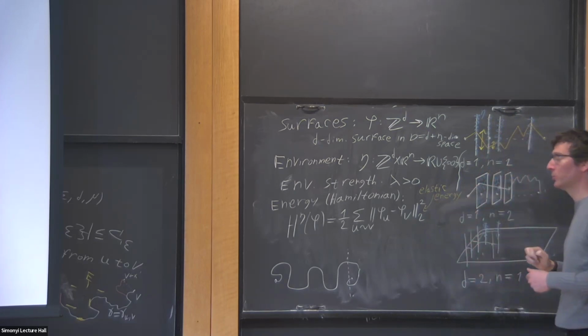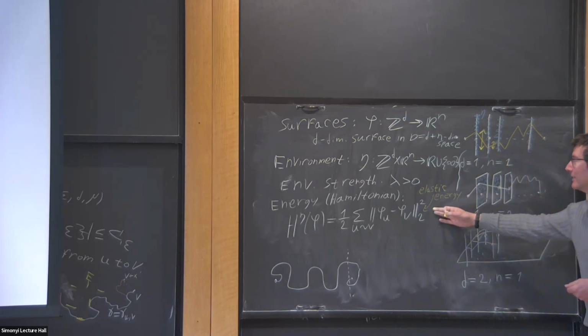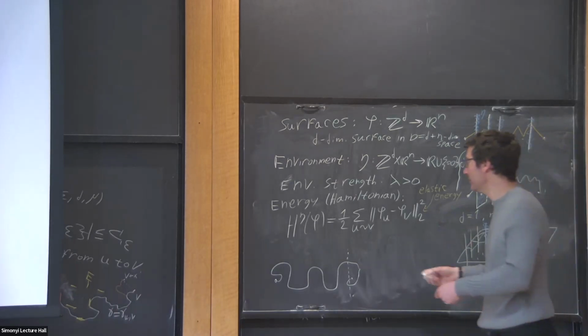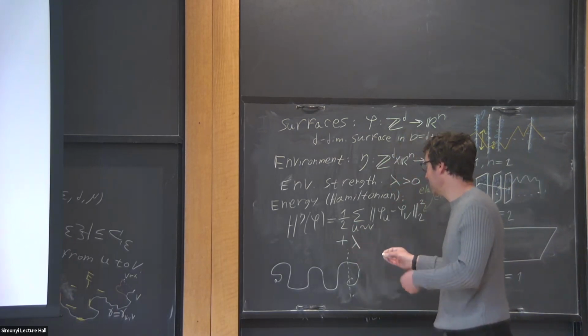So my surface would like to minimize elastic energy, but it would like to balance it with a potential energy. Of course, if I just had this and nothing else, and my surface was zero on the boundary, it would just be zero. In fact, whatever it is, it would just be the harmonic extension of the boundary. But there is another term that roughens the surface, and that's the term that takes into account the environment. So that's the potential energy.